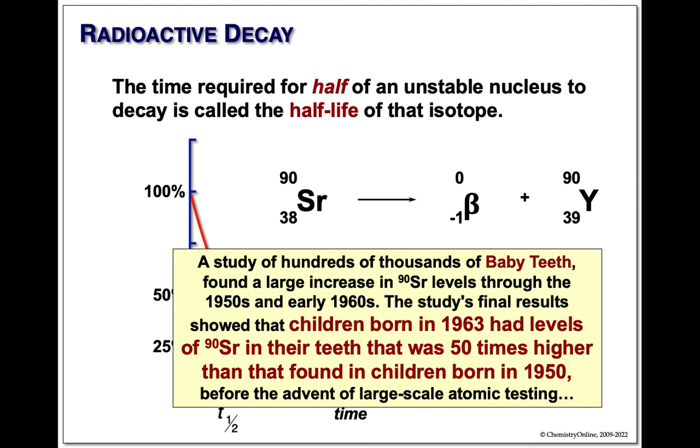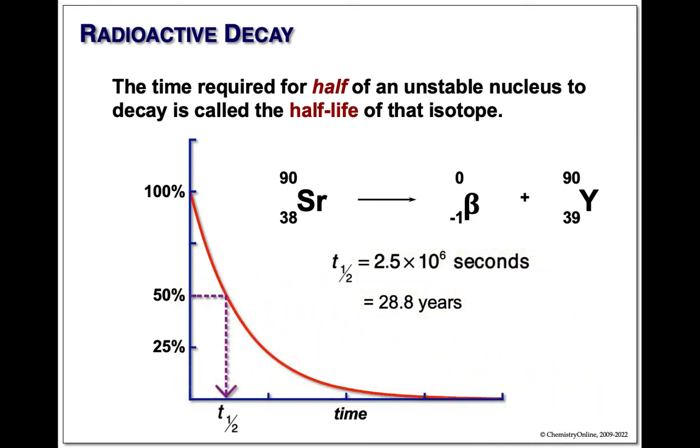Assaying baby teeth, children of the 50s had 50 times higher strontium-90 than before they started blowing off bombs. Fortunately, half-life is 30 years. We basically lived through it. But yeah, it was there. Still is. For a long time.